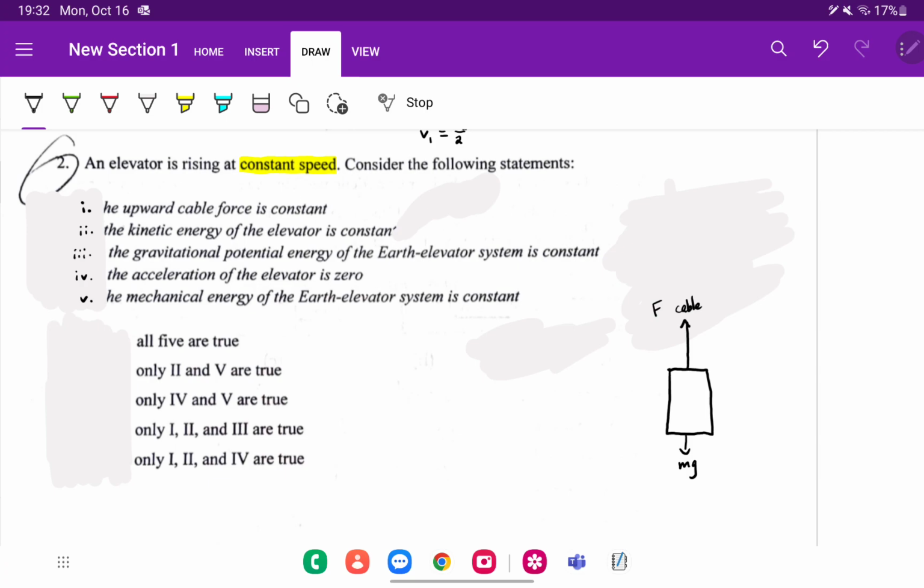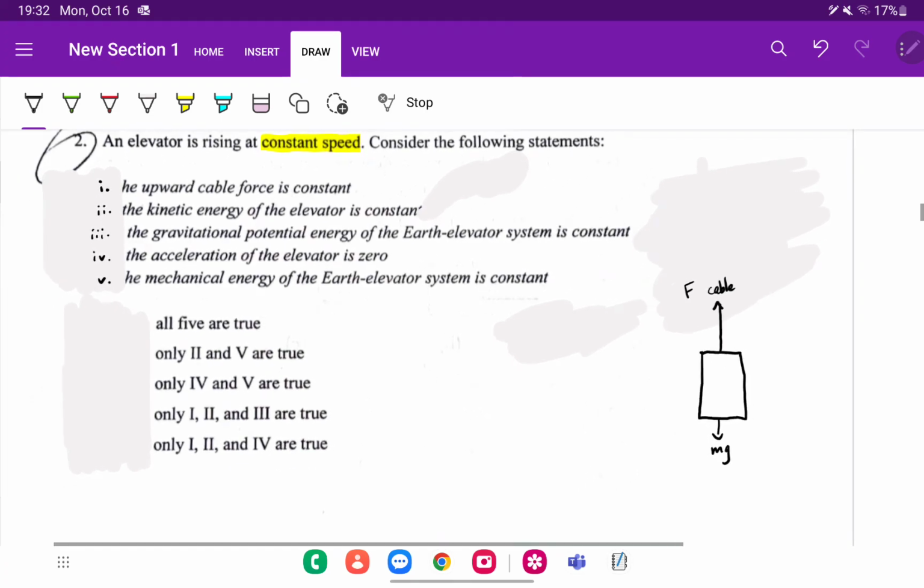Good thing about this one is there's no external forces on this elevator. We only know there's weight pulling down on it and the cable pulling up on it, which means that if it's moving at a constant speed, constant speed means acceleration is 0.